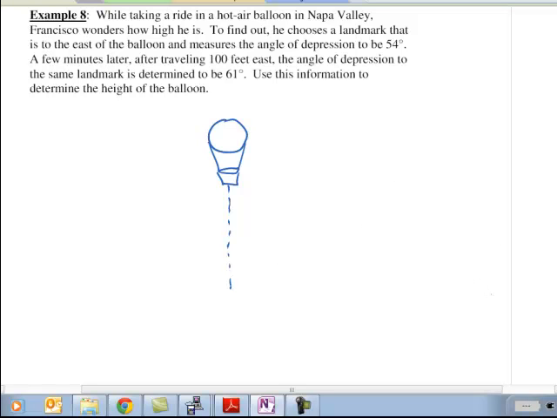But choosing a landmark over here to measure, he figures out that the angle of depression to that landmark is 54 degrees. Remember, the angle of depression is measured from the horizontal downward. So this is 54 degrees. And again, here's the thing we're trying to figure out. Let's call that x.